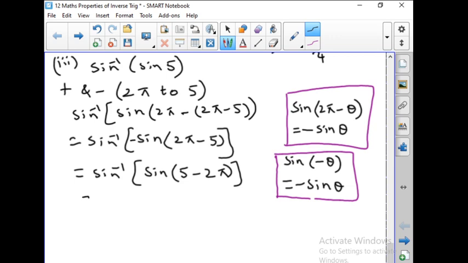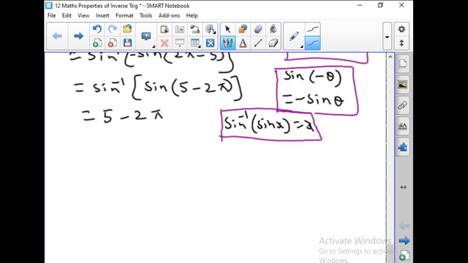Now sine inverse. Now we know the property: sine inverse of sine x is equal to x. Therefore, what is this? 5 minus 2 pi. From where do we get this? Sine inverse of sine x is equal to x. So we get this.